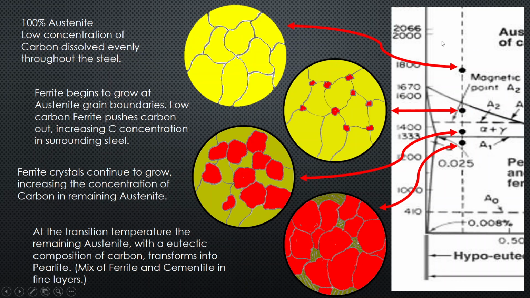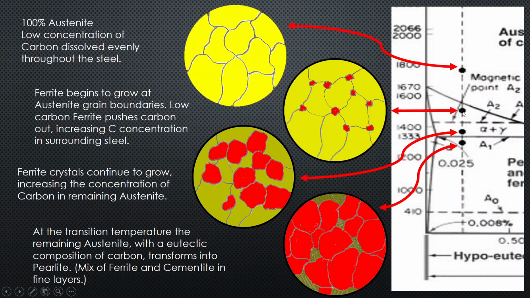So here are pictures of what starts to happen in there. At high temperature, we're 100% austenite. These yellow things are austenite crystals. They have an even distribution of carbon throughout them because the carbon has had time to diffuse throughout the material.